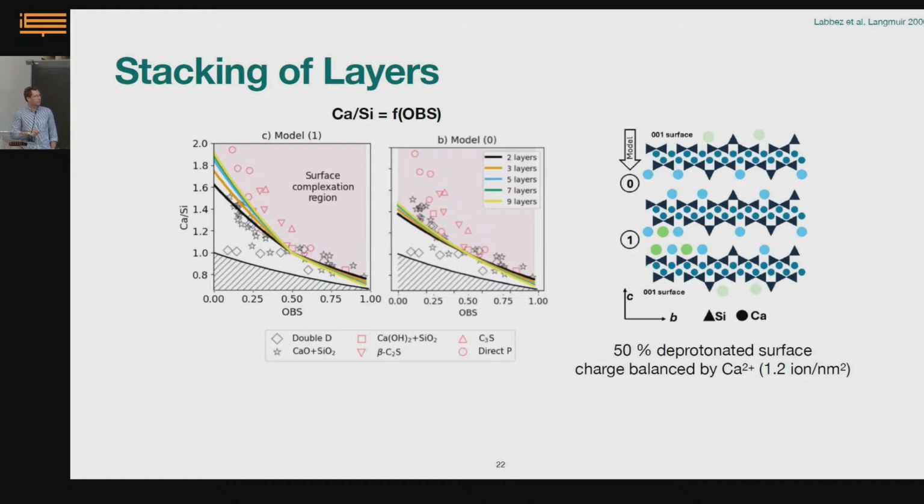We see that the CSH made from calcium oxide and SiO2 nicely fits the model 0 line, with very heavily depleted interlayers, whereas this one with slightly richer interlayers agrees better with the red dots. Okay? That suggests to me again that different synthesis methods probably have different calcium speciation in the interlayer.